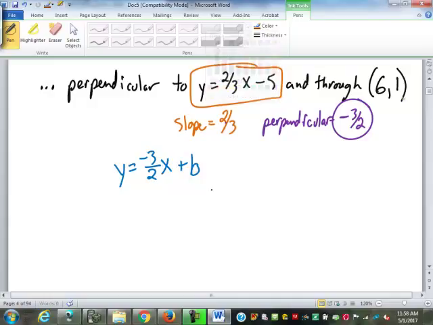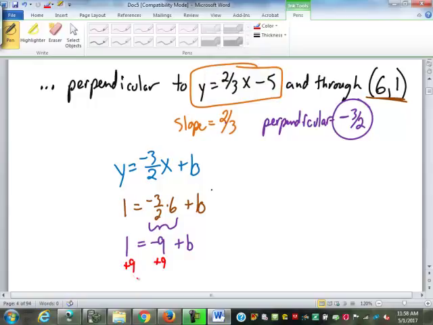And we use our through point, 6, 1. 1 goes in for y. 6 goes in for x. Negative 3 over 2 times 6 is a negative 9. And we will add 9 to get rid of a negative 9.